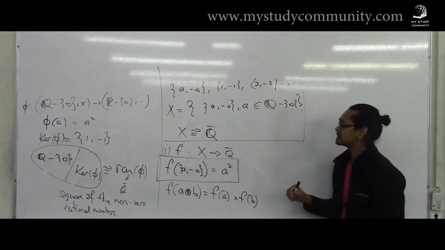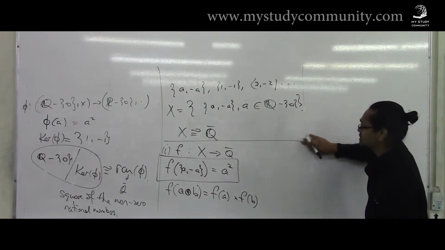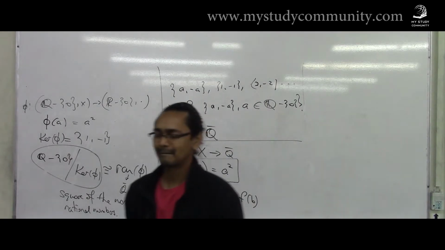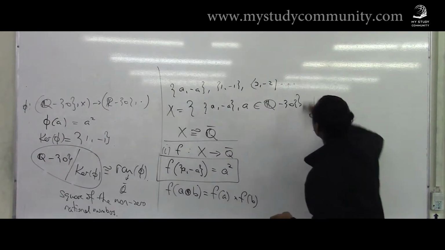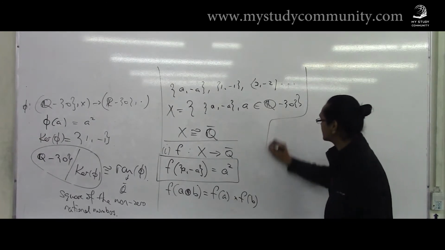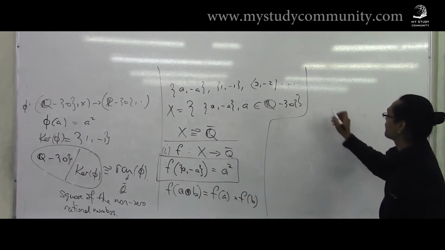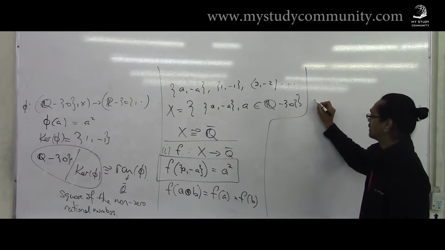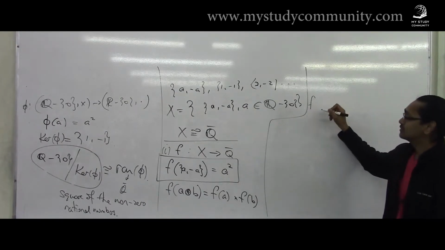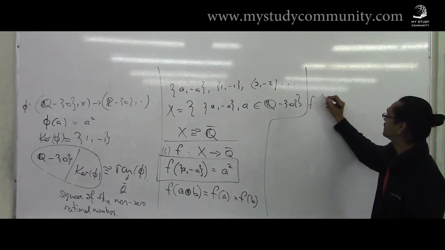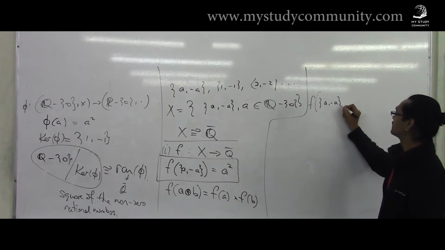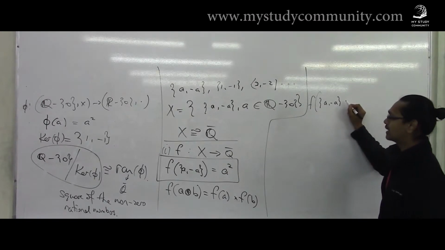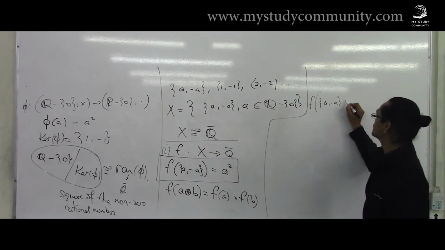So I want to show that F of 2 elements, which would be A minus A, and I'm going to use the multiply, so let's just use normal multiply.